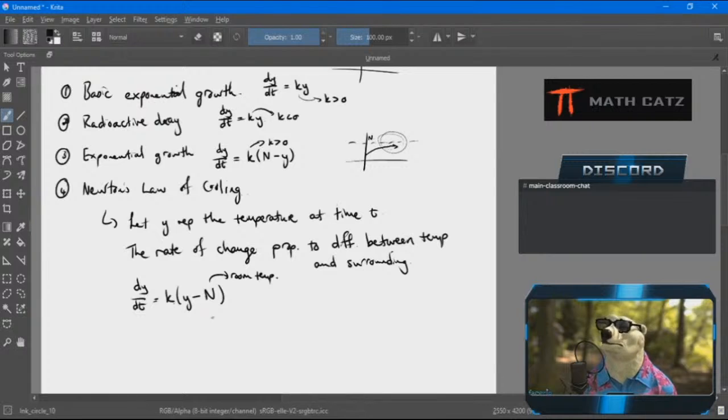So you see how it's very similar to the exponential growth with capacity. Very similar in appearance. But now I'm going to have a sort of a decaying effect. So it's not going to be identical, but very similar.